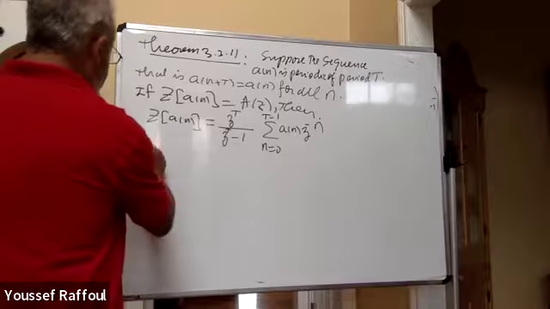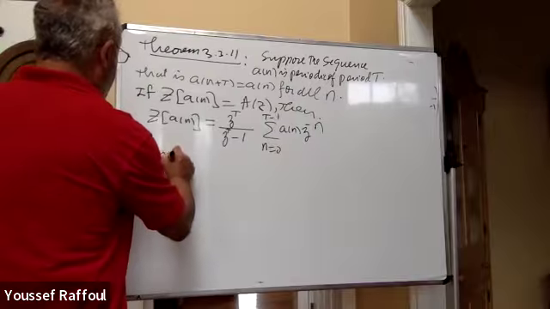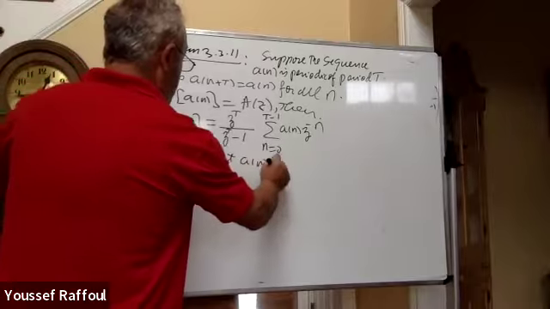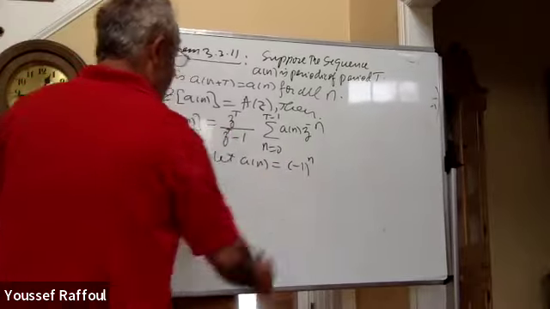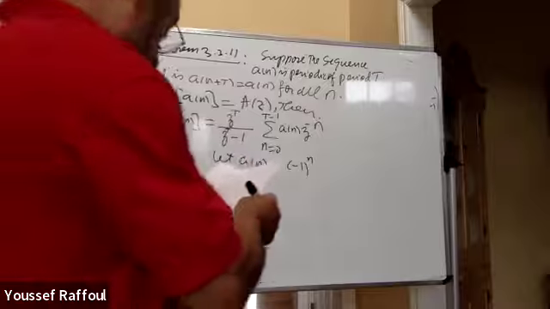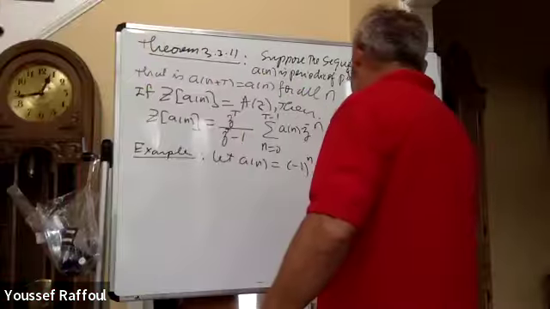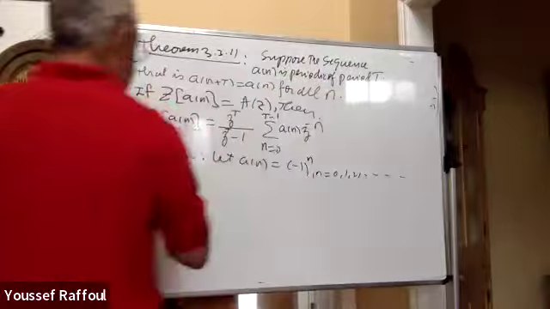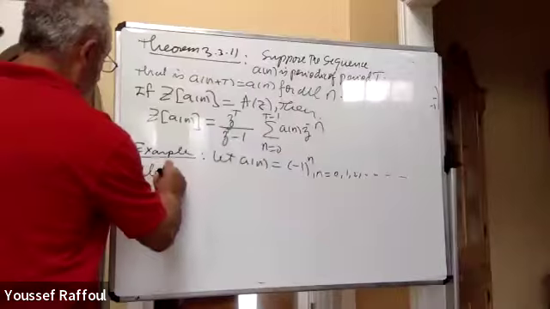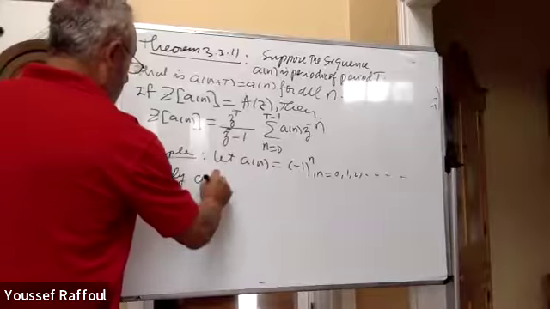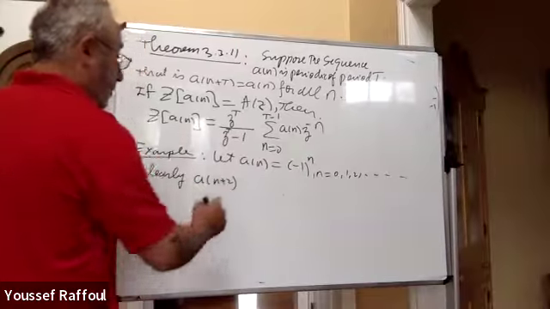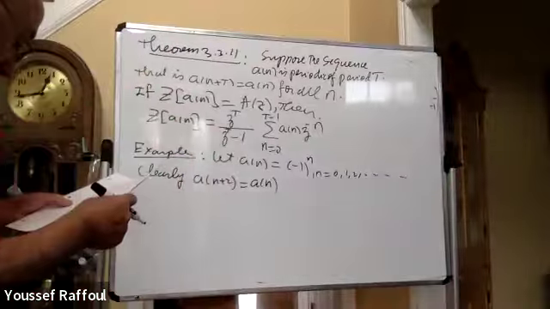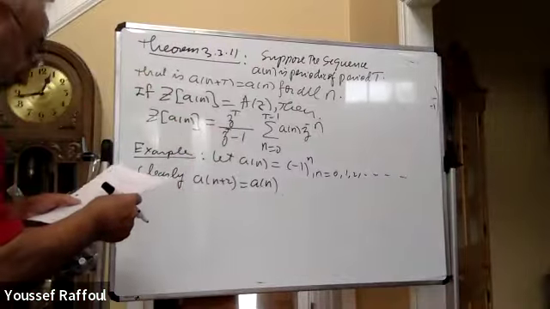Here's a quick example. Let an equal -1 to the n, for n equals 0, 1, 2, and so forth. Then clearly an plus 2 equals an. Okay?